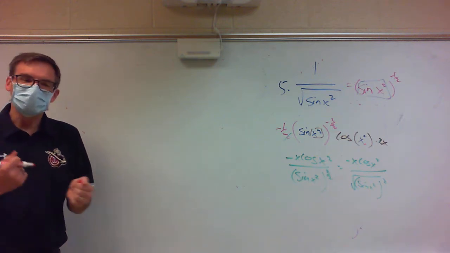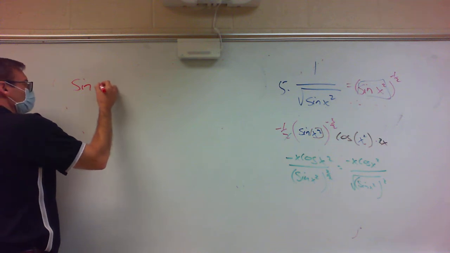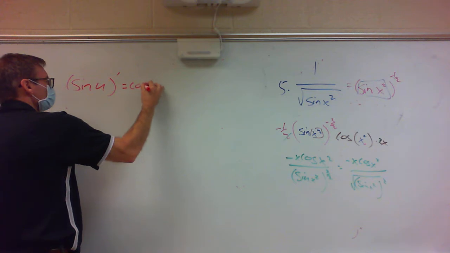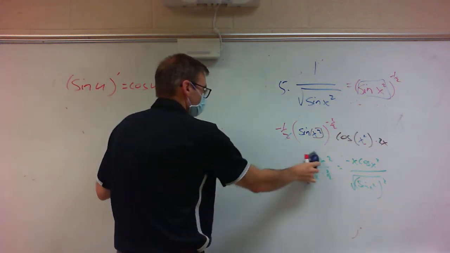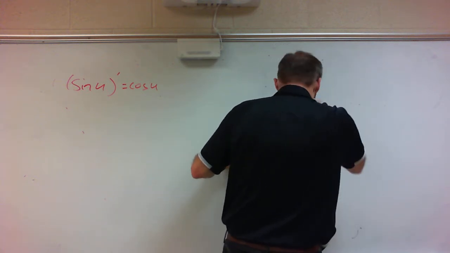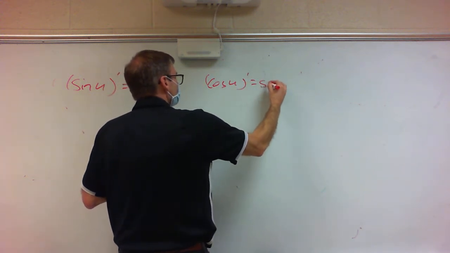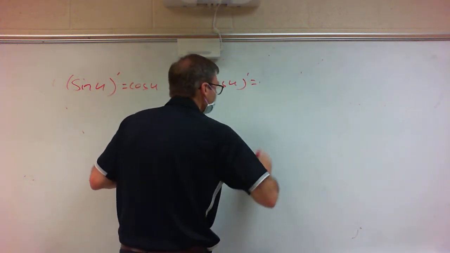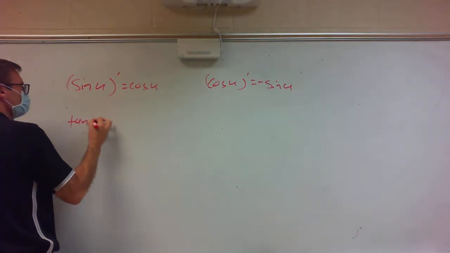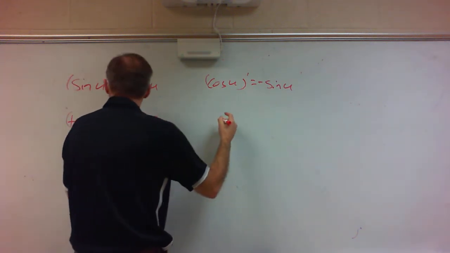So let's refresh our memory on derivatives of trig functions. The derivative of sine is equal to cosine. The derivative of cosine is equal to negative sine, and the derivative of tangent is equal to secant squared.